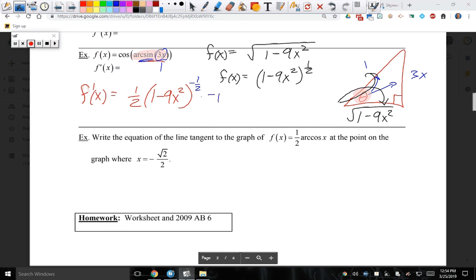Negative 18x. So this means it's going to be negative 18x in the top, 2 times the square root of 1 minus 9x squared in the bottom. And most likely you'd see it simplified as negative 9x over the square root of 1 minus 9x squared. The square root could be allowed in the denominator like that. I won't count off for that. Just negative powers I will.